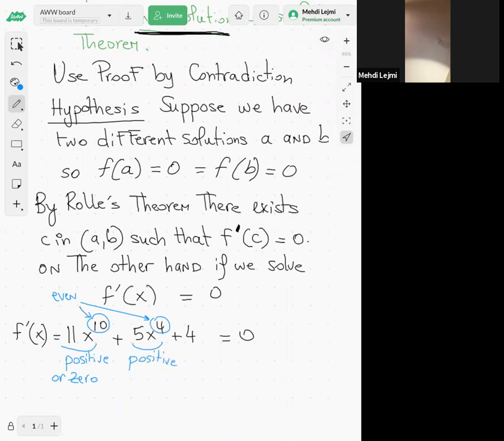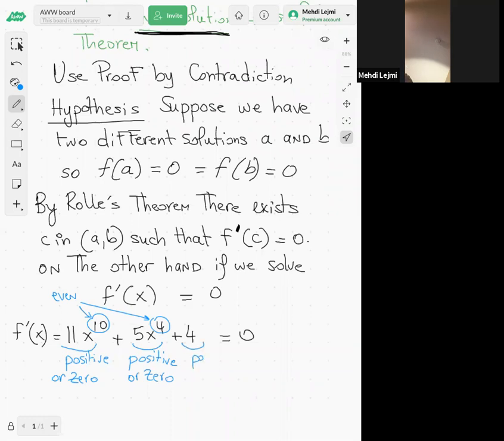If x is negative, say -1, then (-1) to the fourth is -1 times -1 four times, which gives +1, right? So x to the fourth is always positive, or zero if x is zero, of course. And then plus 4, which is a positive number.